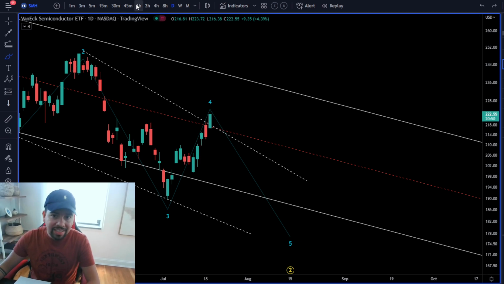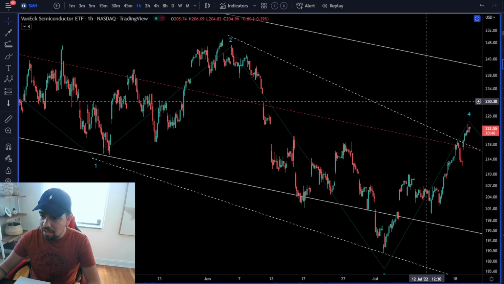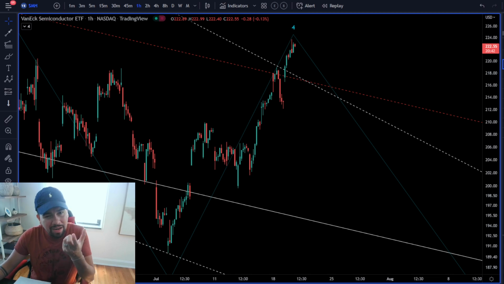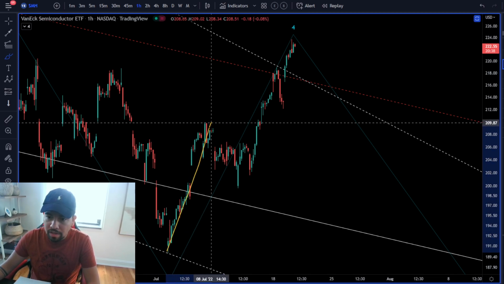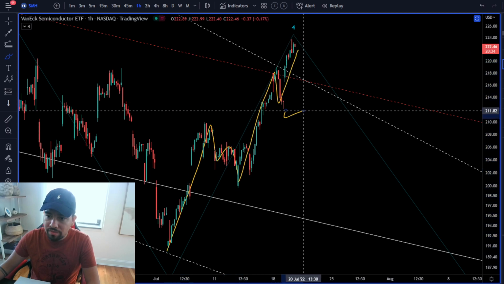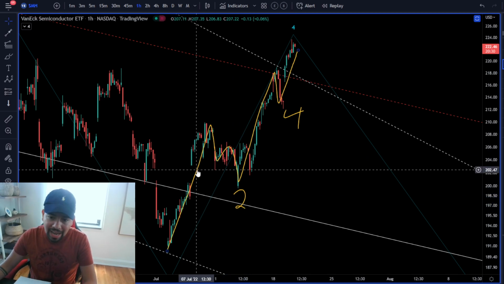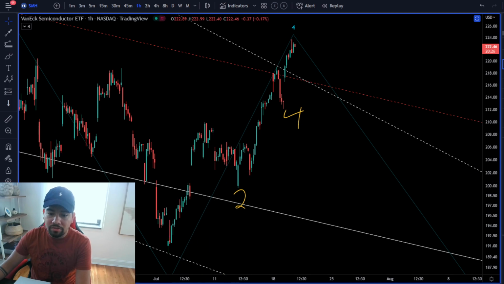If we dissect this even more into the 1 hour time frame, and we reset this, even if we call, which is a possibility, right? It's always possible. Even if we do this, the 1, A, B, C, 2, 3, 4, and 5, where this is the 4 and this is the 2, it's a little bit skewed and does not meet the guideline of the right look and the guideline of alternation, right?